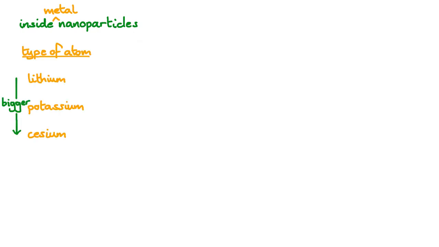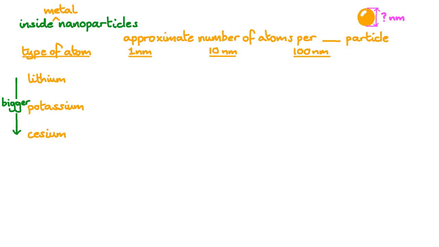Particles of metal tend to keep the same structure as they get smaller. To keep things interesting, let's look at a few metals at once: lithium, potassium, and cesium, 3 of the alkali metals. And let's have a look at how many atoms we'd expect to find in a particle that has a diameter of 1 nanometer, 10 nanometers, or 100 nanometers.